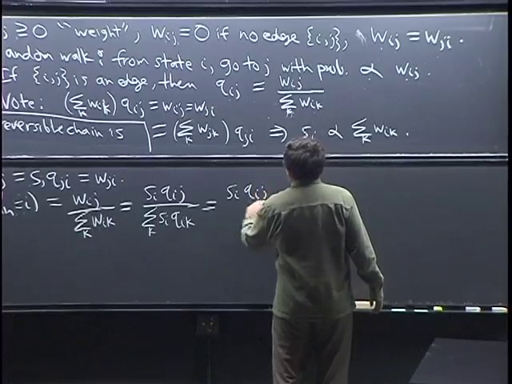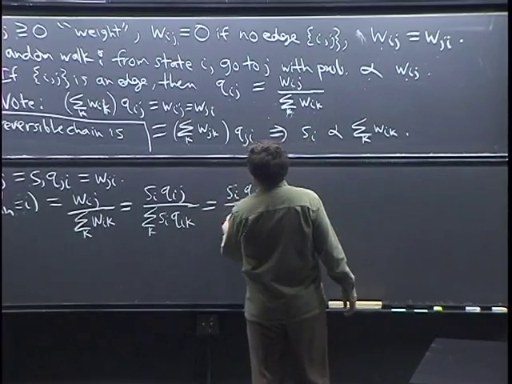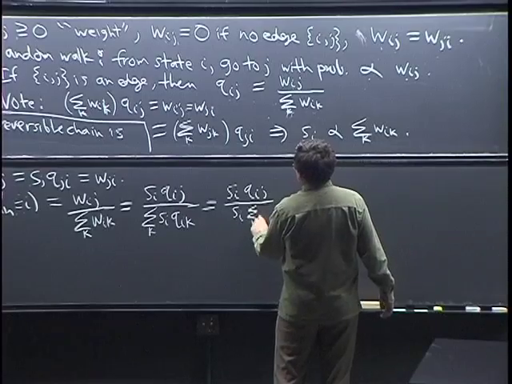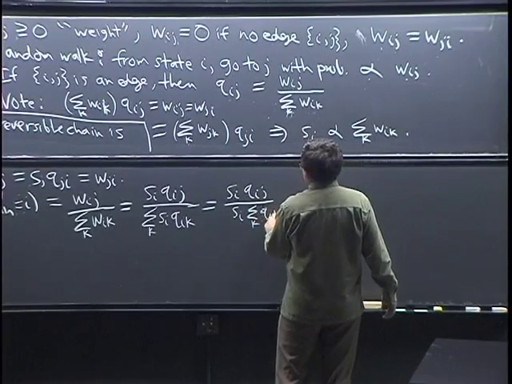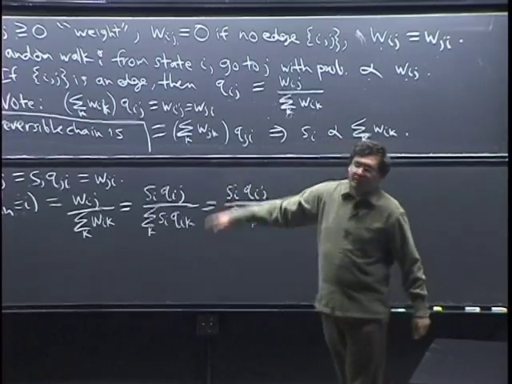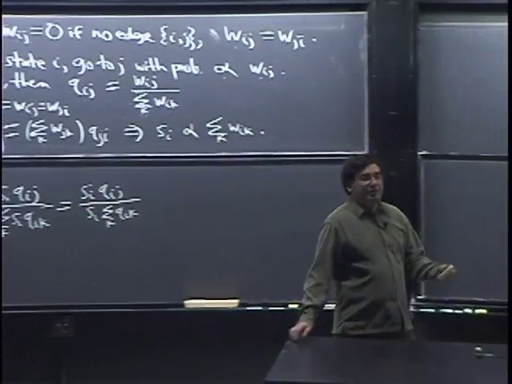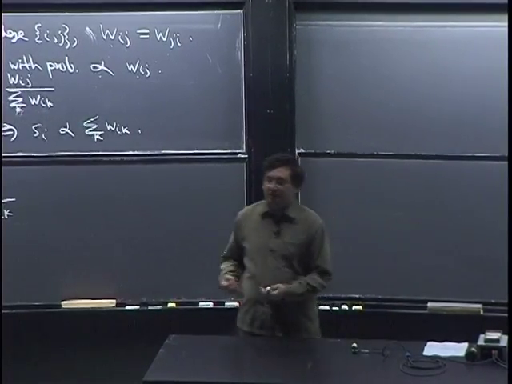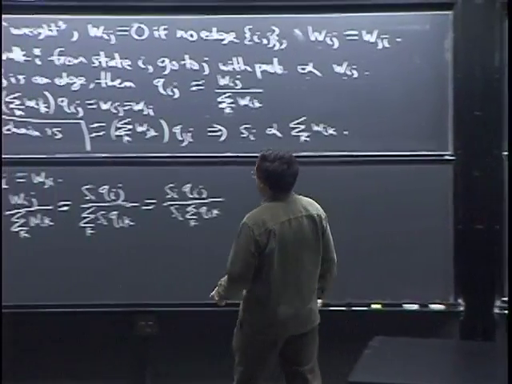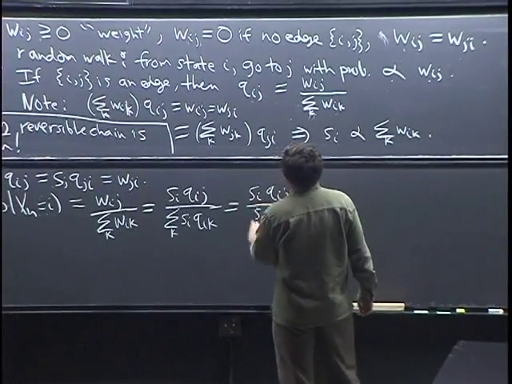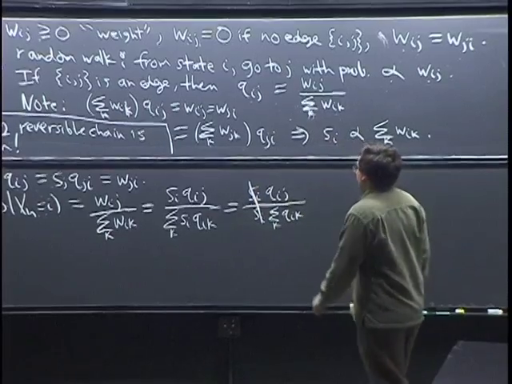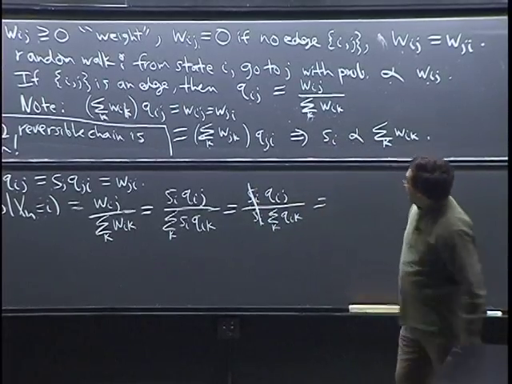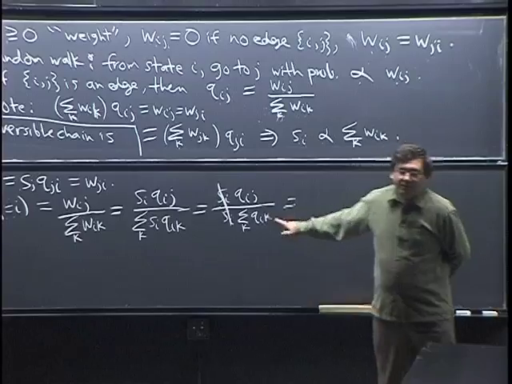So this Si in the denominator does not depend on k, so we can take that out of the sum. I'm assuming that the Si's are positive. It's not a very interesting chain if some stationary probabilities are 0, then we should have just restricted the space and not included them anyway. So I'm assuming we're not dividing by 0 here. The Si's cancel. So this is just Qij divided by the sum of Qik.